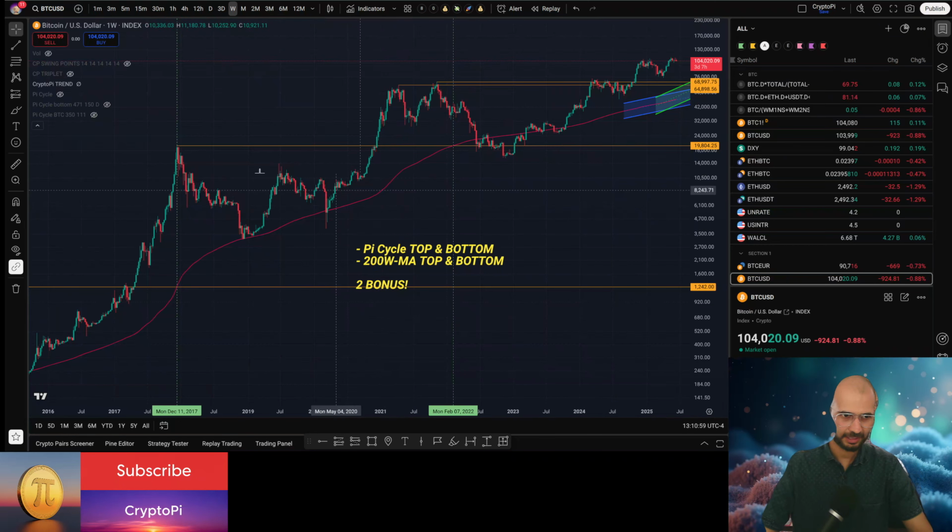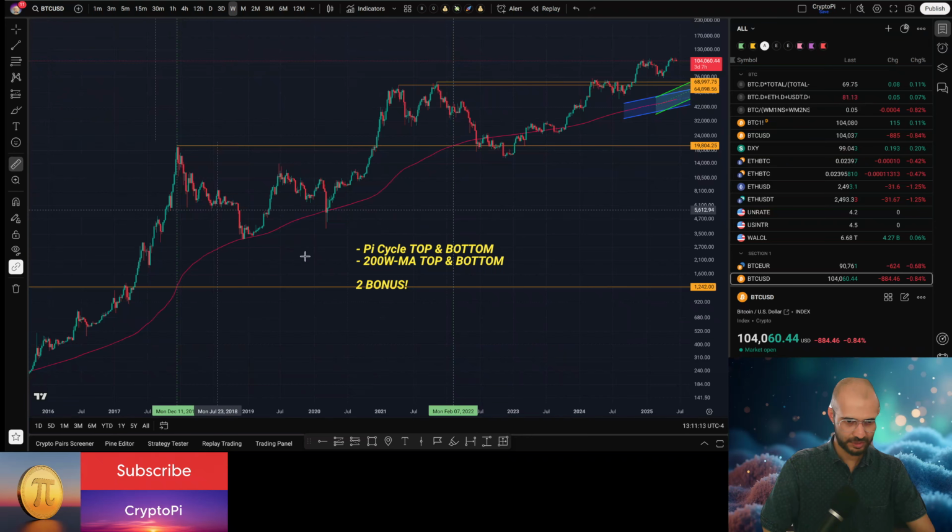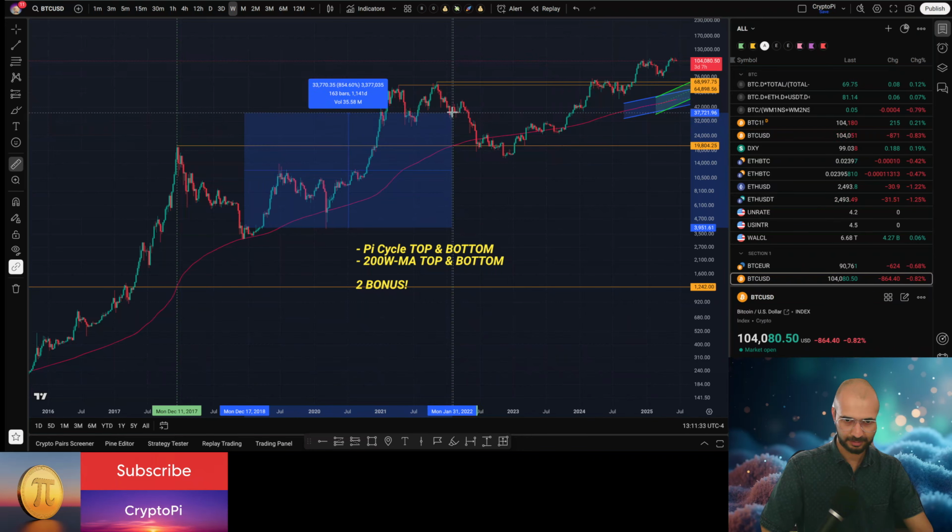But if we still would have followed this strategy, where we exit on the crossover of the 200-week moving average with the previous cycle's all-time high, let's check out what would be the gain. Let's say here we identify that price has reached the support, that is the 200-week, and we enter when it bounces back from the support, for example here, and we exit when the 200-week moving average crosses the previous cycle's all-time high.